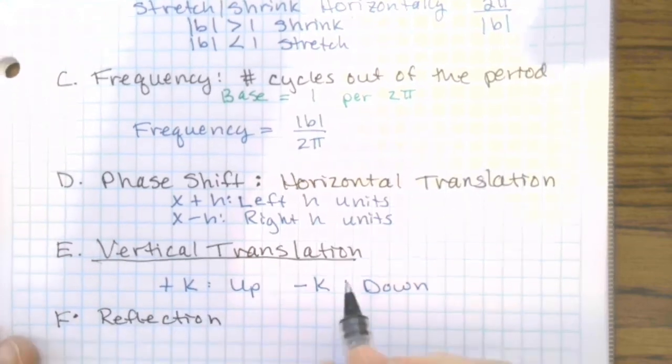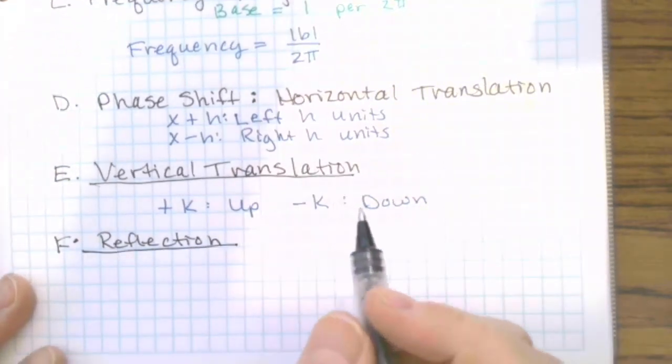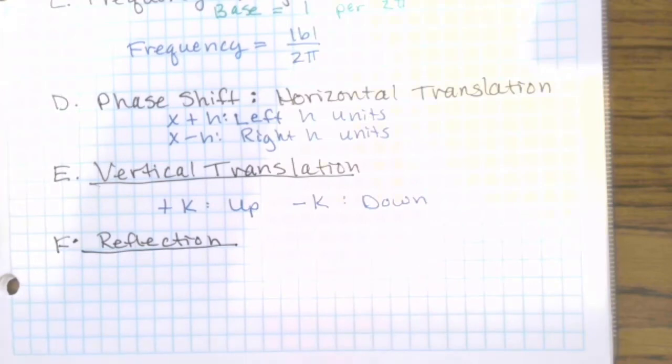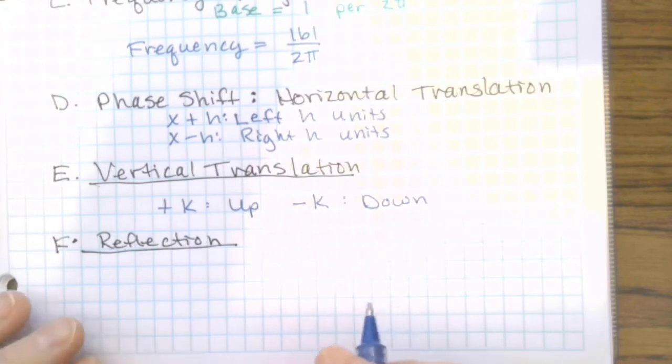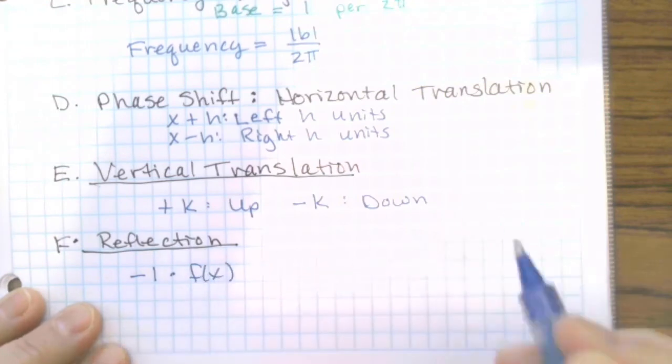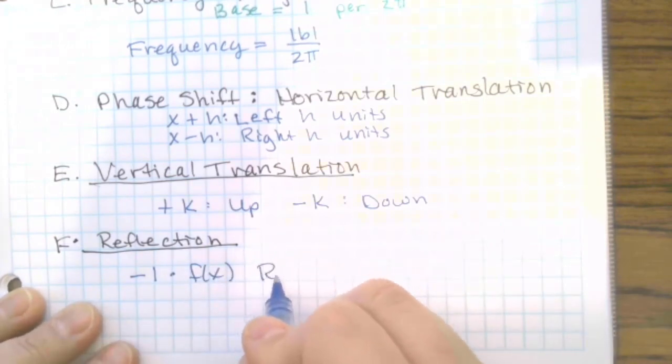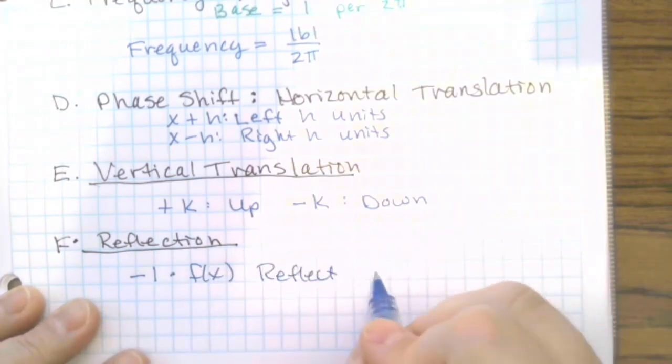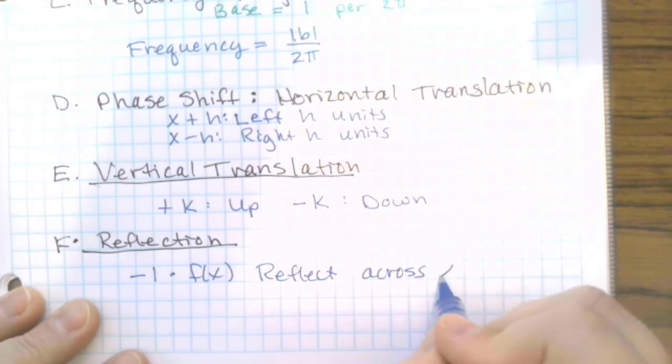F, reflection. Okay, and again, these are actually the same as what they were before. If it's -1 times f of x, then you're going to reflect across the x-axis.